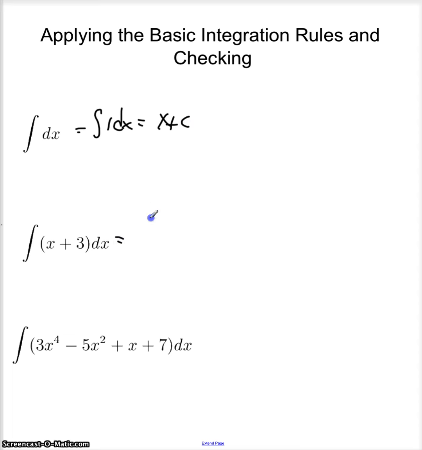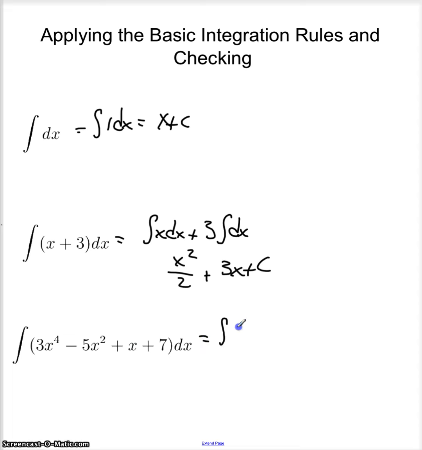When I have a sum, I can break this up. Okay, so this is x squared over 2 plus 3x plus c. Now you see I only have one constant here because a constant plus a constant is a constant. Same thing here.